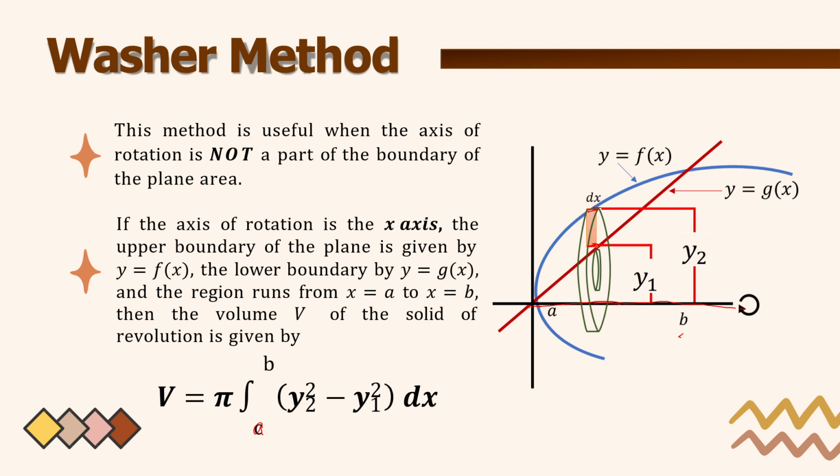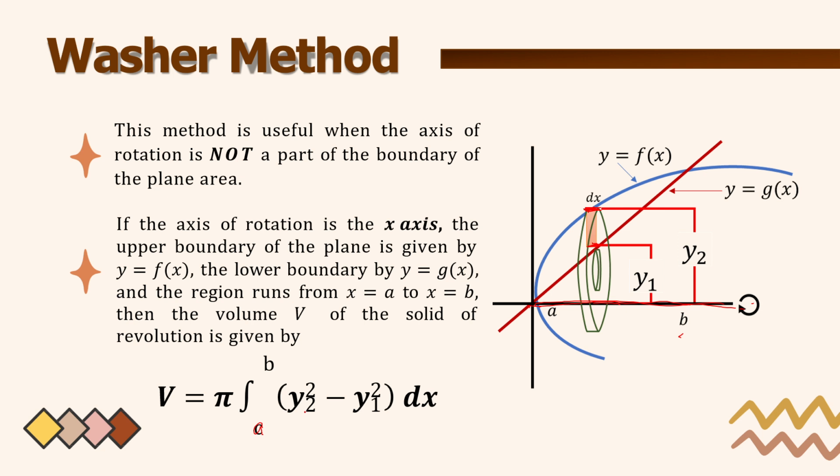Since the axis of rotation is perpendicular to these strips, the width is our dx, by the upper and lower boundary. So V equals pi times the integral of y squared sub 2 minus y squared sub 1 dx from A to B.